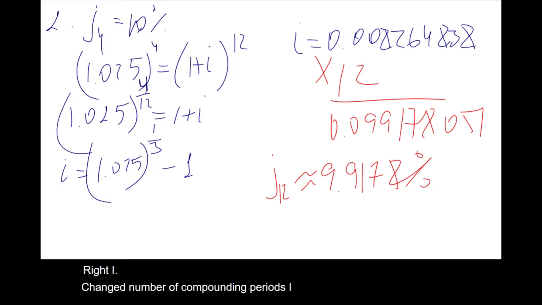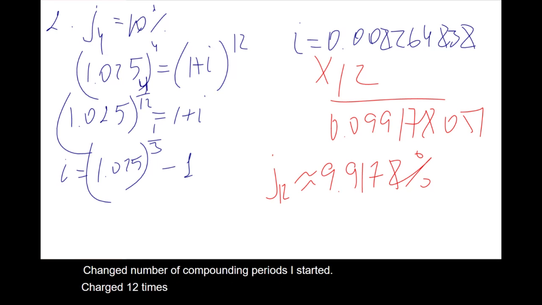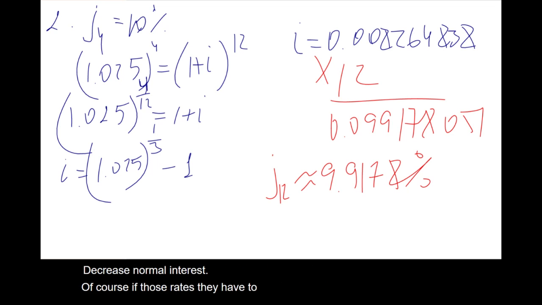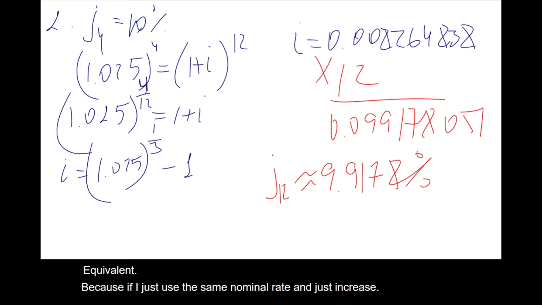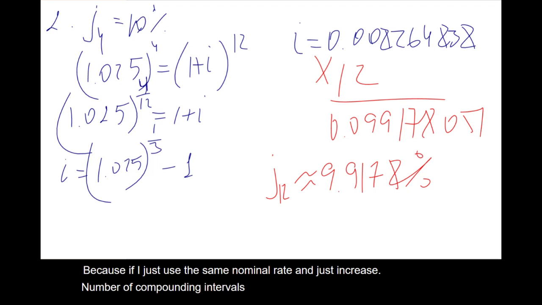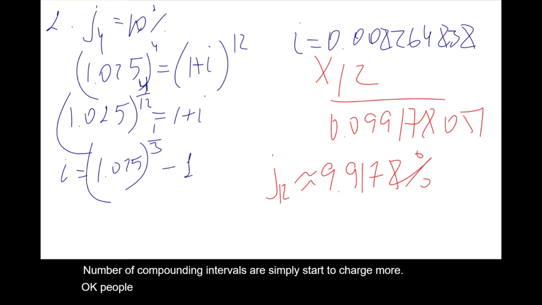I charged 12 times instead of 4, and for that I had to decrease the nominal interest rate. Of course, those rates have to be equivalent, because if I just use the same nominal rate and just increase the number of compounding intervals, I simply start to charge more. Okay, people, any questions?